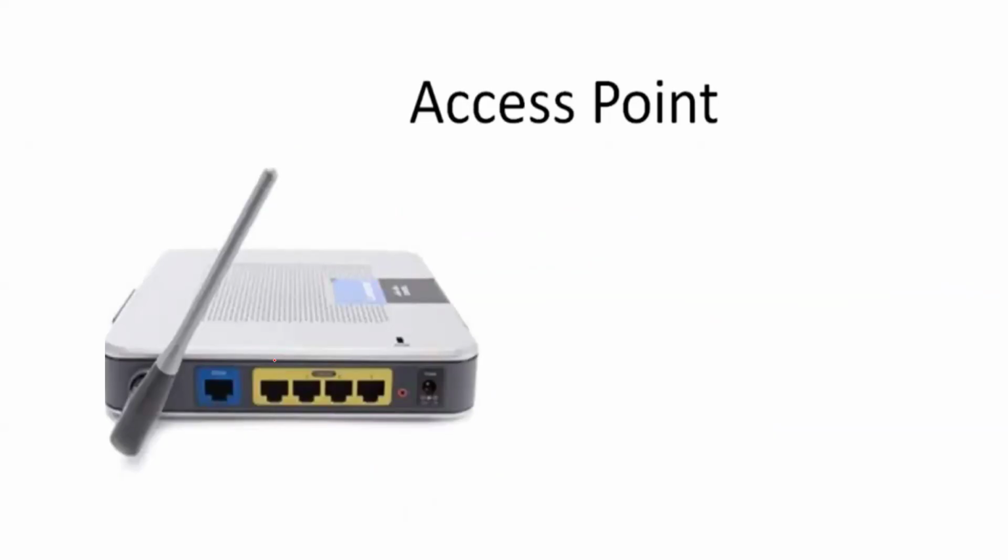Access point, how do we configure this? First, we have to connect a laptop to this access point, and we have to configure the access point. We can set a username and password.